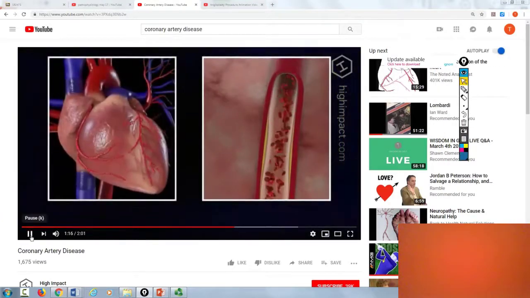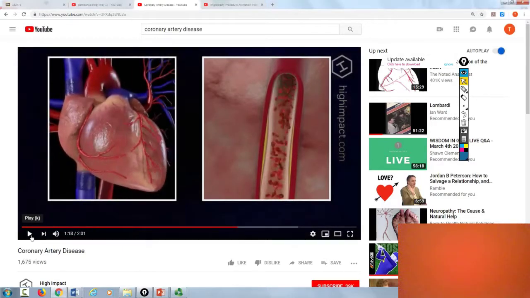Here's the inside of the coronary artery. Now look. One of the things that has to happen, and one of the things that does happen, is you have this lining of the coronary artery. Now, when you damage that lining, that damage in the inner lining of the artery, called the intimal layer.